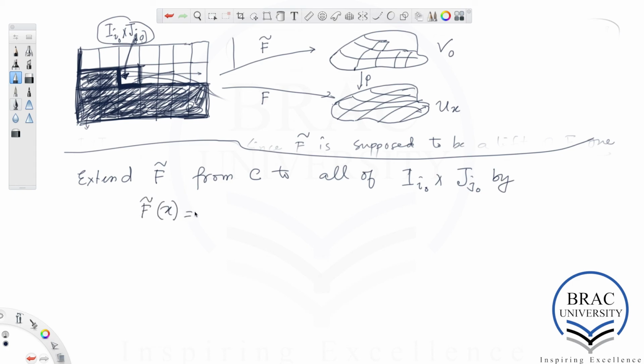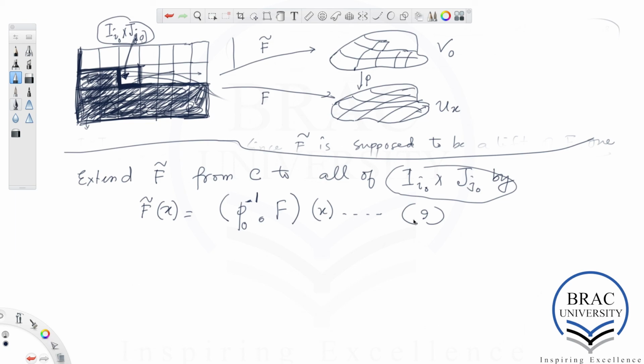F tilde of x is going to be equal to, we have already defined P0, the restriction of the covering map P to the slice V sub 0, the unique slice that contains f tilde of C. Since this is a homeomorphism, we can take the inverse of this and compose it with F, and that map is going to be defined as f tilde for this rectangle. This is our equation number 9.